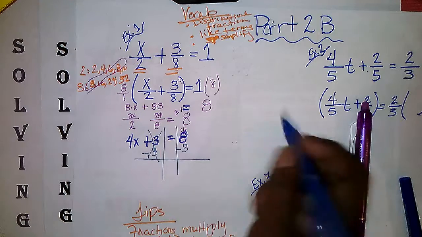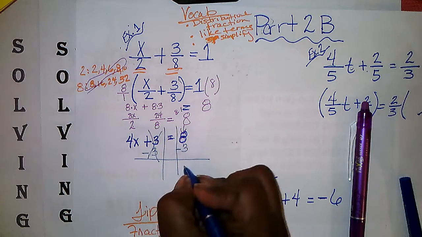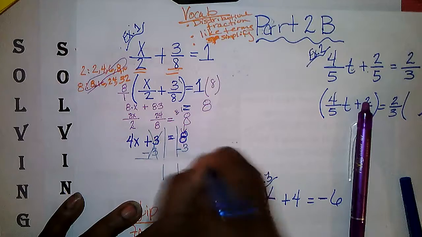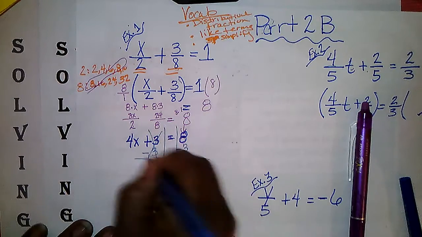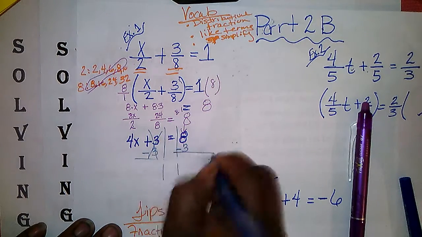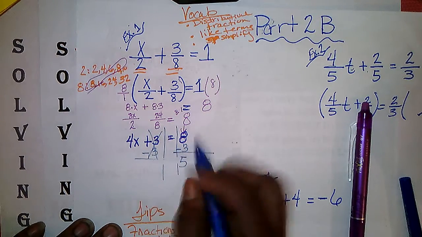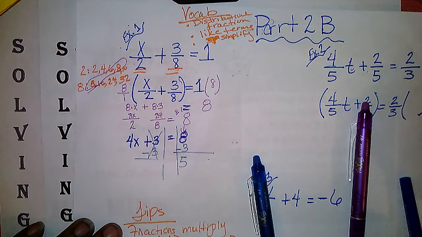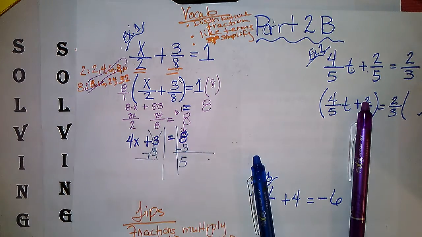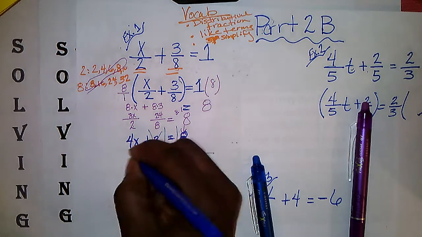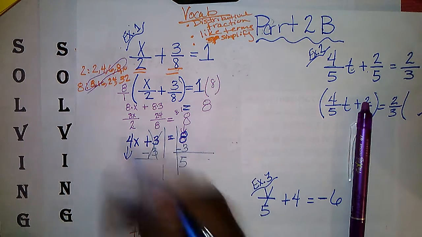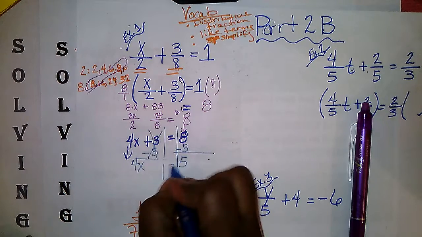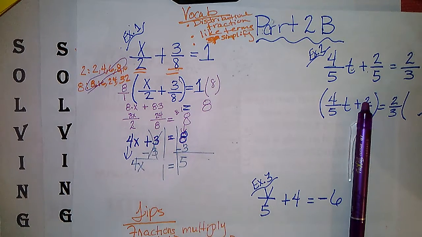This cancels out. 8 minus 3 is 5. Now that leaves us with our 4x. So we have 4x equals 5.